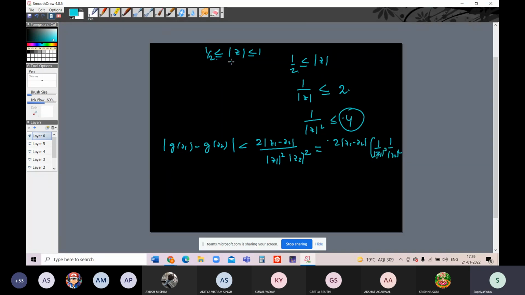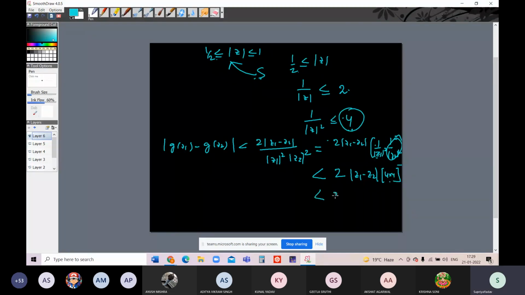z1, z2 belong to this region, say that it is S. इस region को imply करते हैं तो this value is always less than 4 and this quantity is also less than 4. So we can write here 2 times mod z1 minus z2, 4 and 4. कितना हो जाएगा 4 and 4? 16.